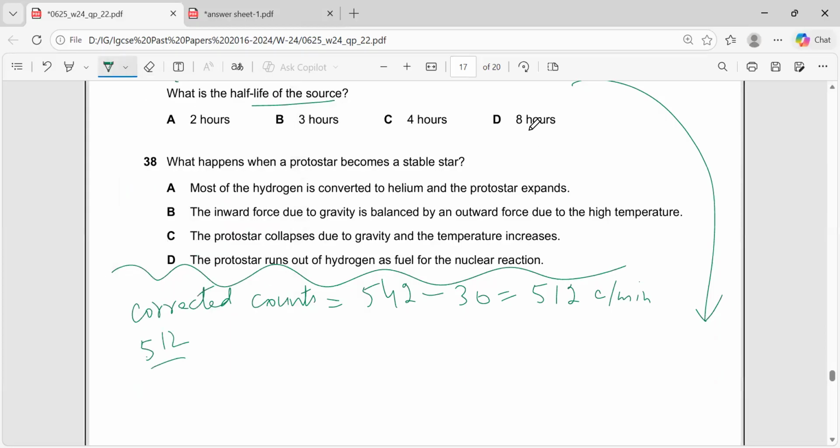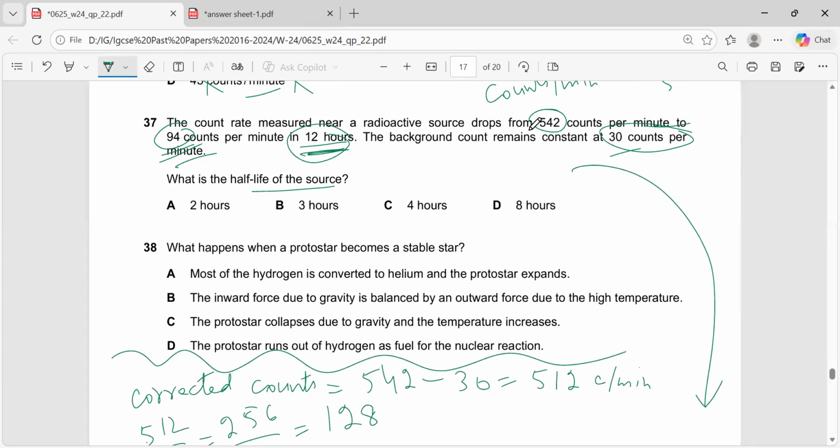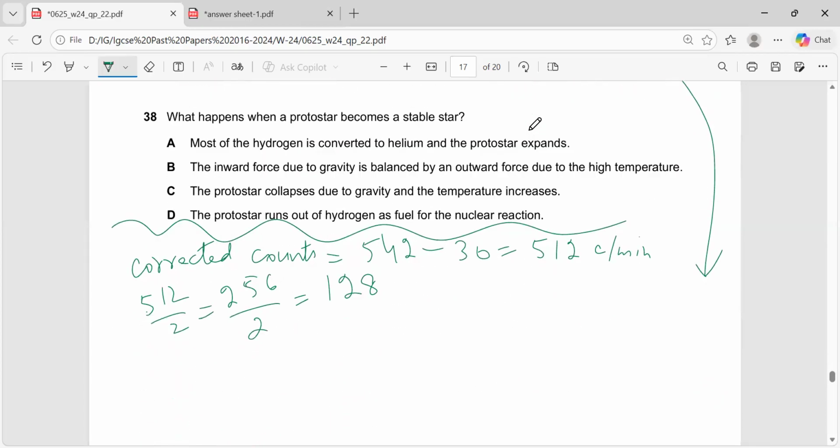512 divided by 2. We are getting 256. 256 divided by 2. We are getting 128. 128 divided by 2. It is 64. It is coming to be 94 in the end.